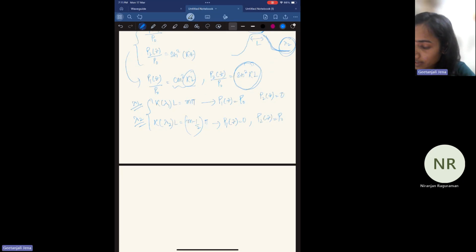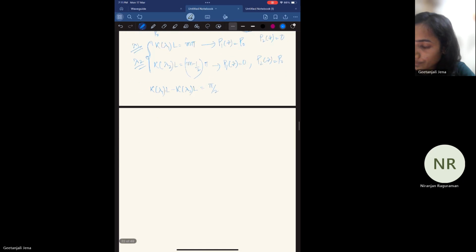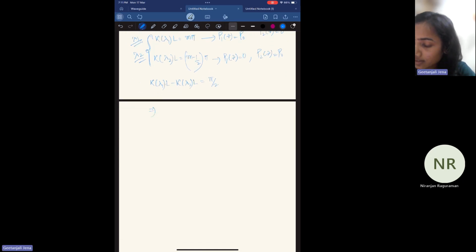So for this condition, we can separate out lambda 1 and lambda 2. The length we can calculate if you take the difference. So this will be K lambda 1 L minus K lambda 2 L, it should be pi by 2. So the minimum length is pi by 2, minimum difference.